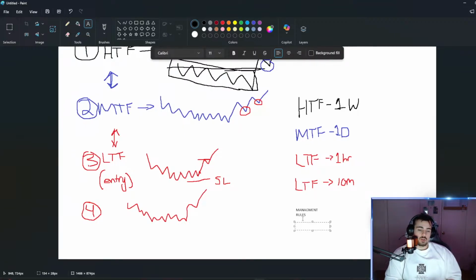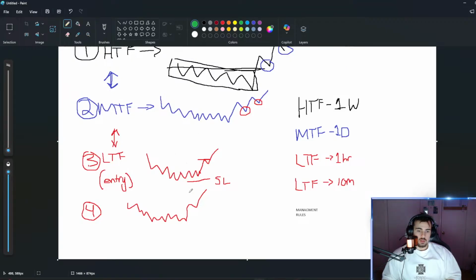Once we enter a trade here, let me go back to this. Once we enter the trade, this would be our entry, and then our stop loss would be here under all this previous action. I want to break even.